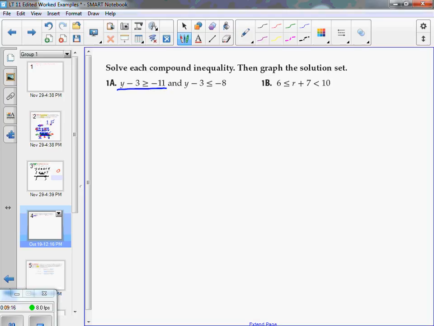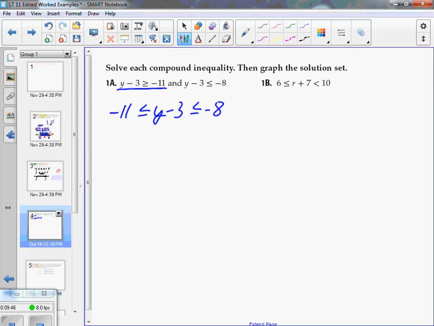If I take this one, I need to flip it around to turn it into a less than. So I'll make that negative 11 is less than or equal to y minus 3, and y minus 3 is less than or equal to negative 8. See how I turned that into one compound inequality? You can usually do that with an and.